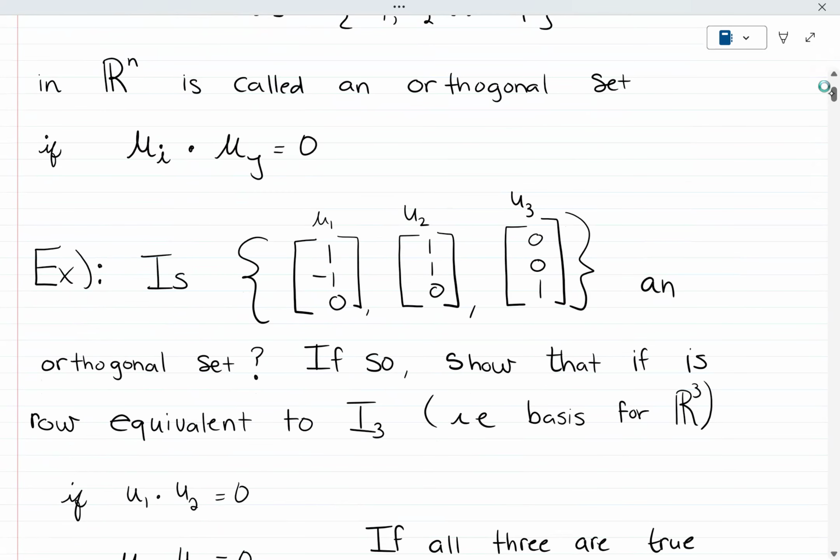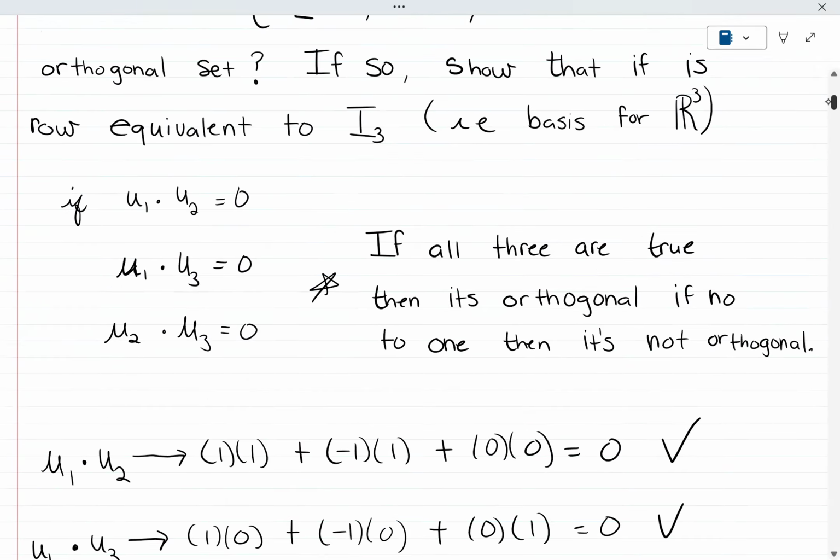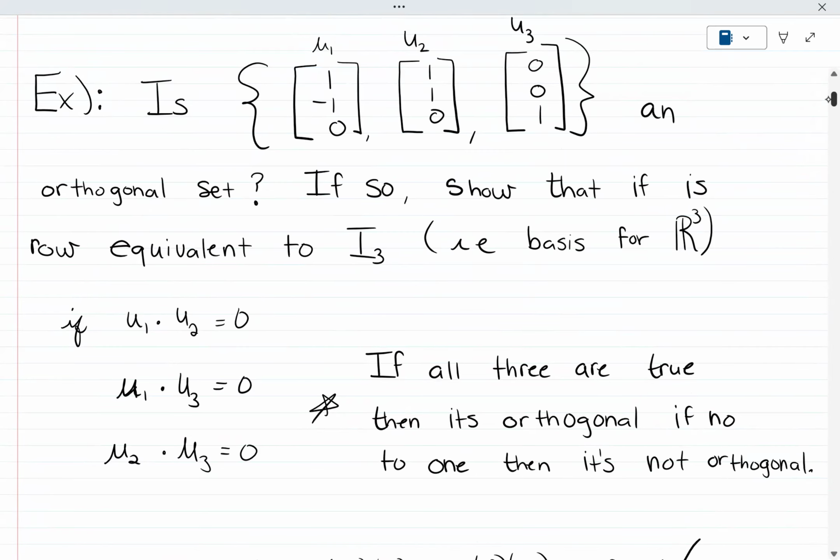So, example: are these three vectors, u1, u2, and u3, an orthogonal set? If so, show that the matrix is row equivalent to I3, a basis for 3D. What you have to do is a few things in order to prove that it's orthogonal.